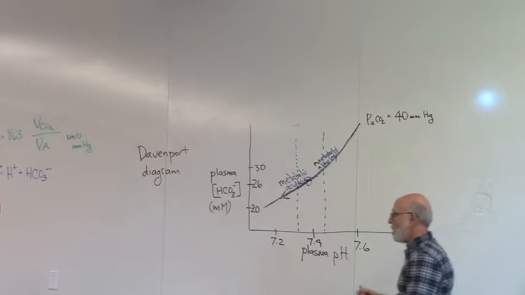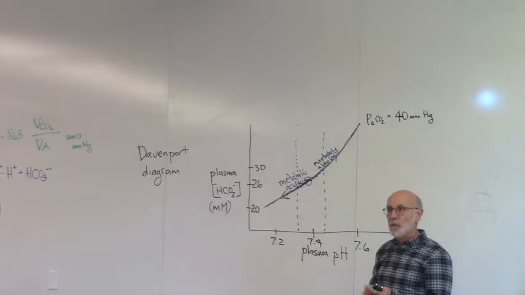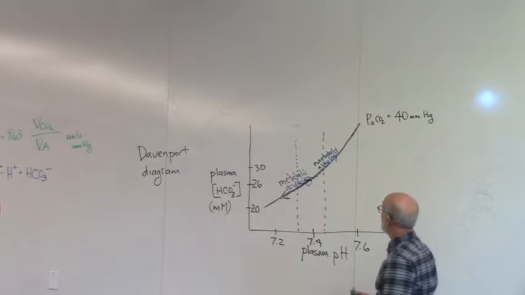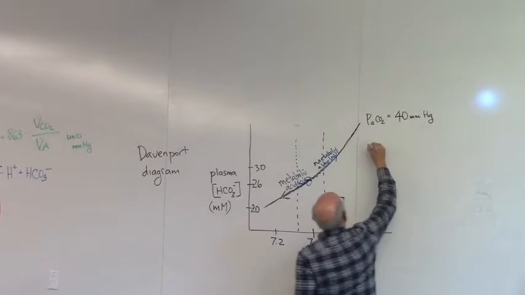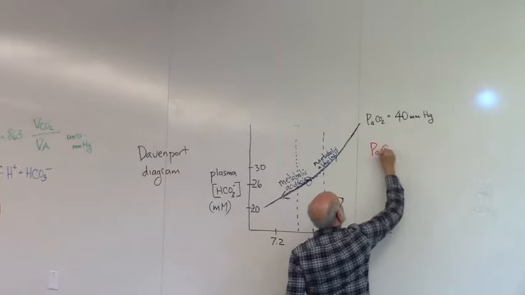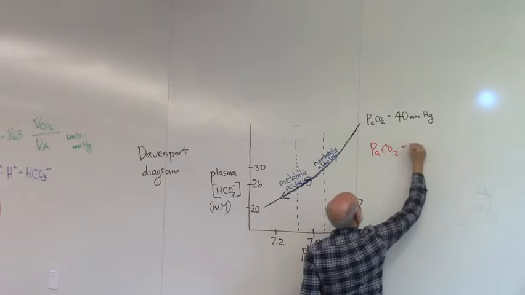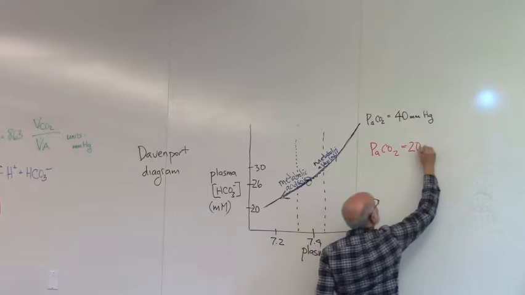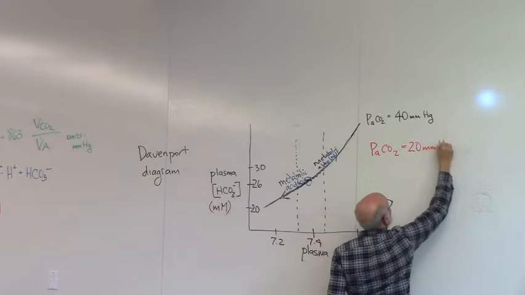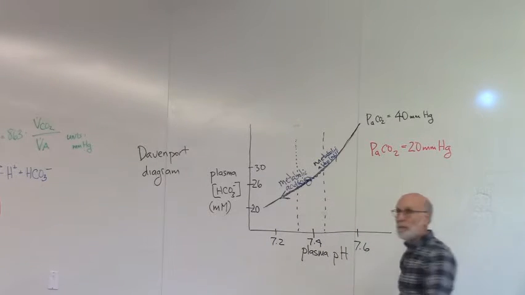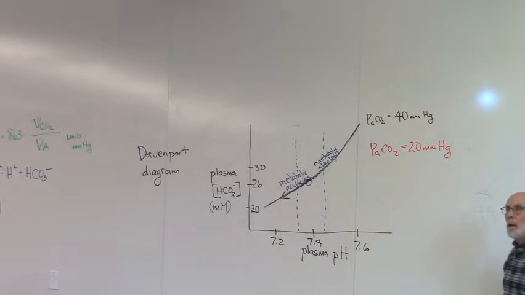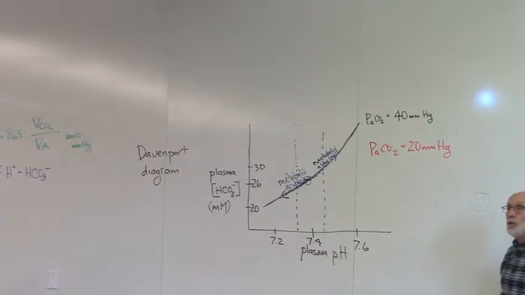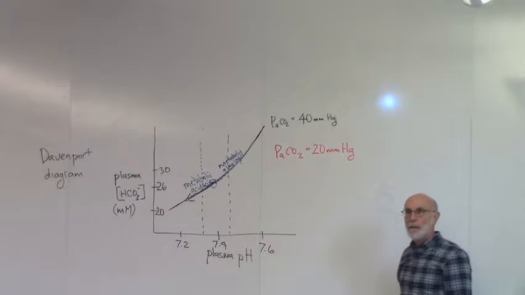Okay, so now, but you know respiration isn't always normal. Let's go to a different curve. Let's go to PaCO2 of, let's say, 20. I'm going to go extreme. This might actually not be survivable, but just to be extreme. PaCO2 of 20 millimeters of mercury.